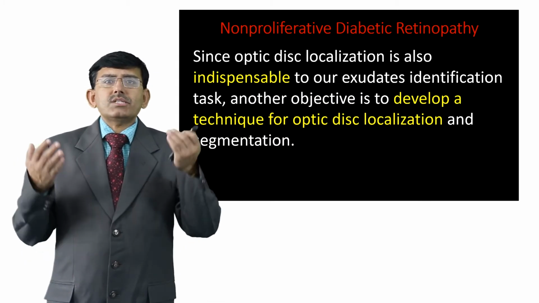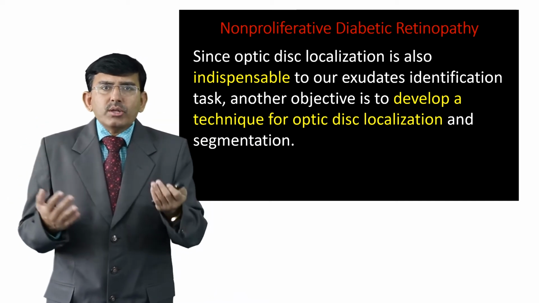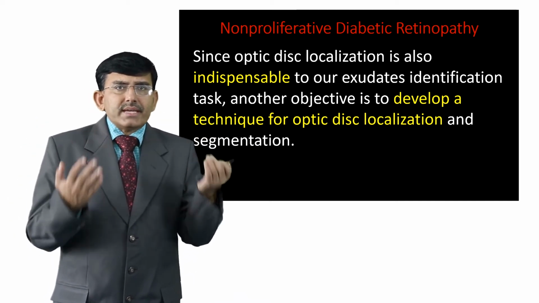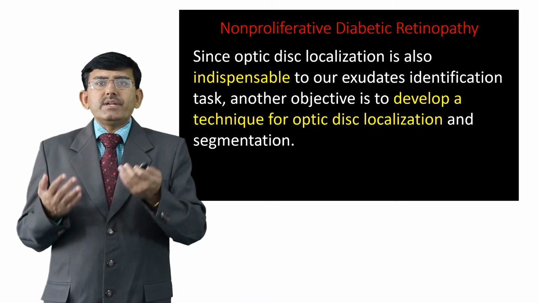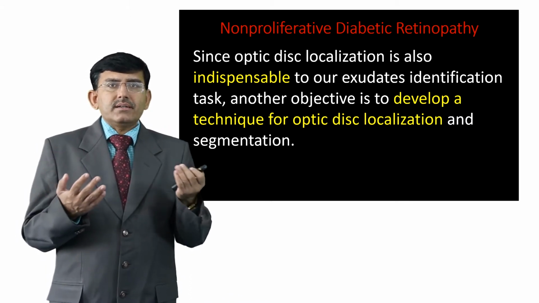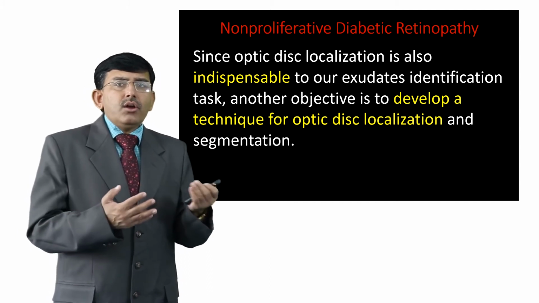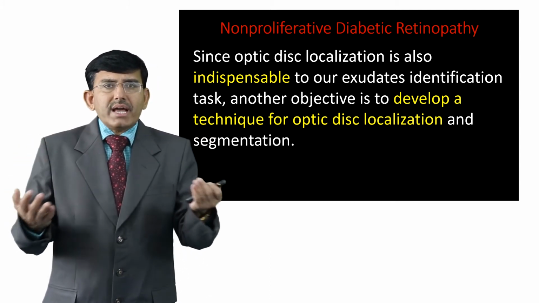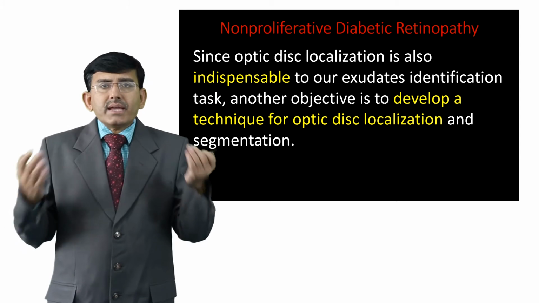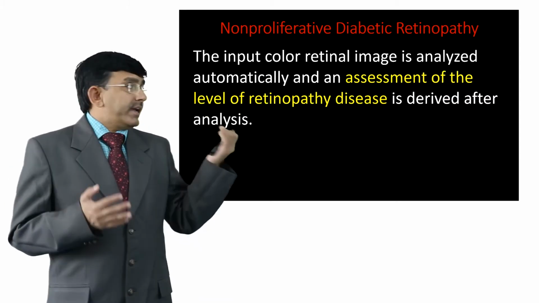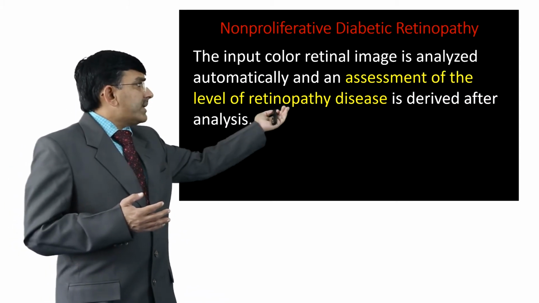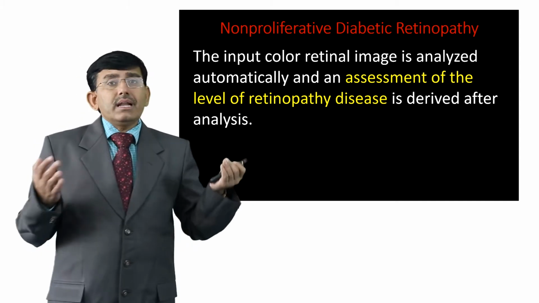Since optic disc localization is also indispensable to our exudate identification task, another objective is to develop a technique for optic disc localization and segmentation of exudates from the optic disc as well as other lesions.